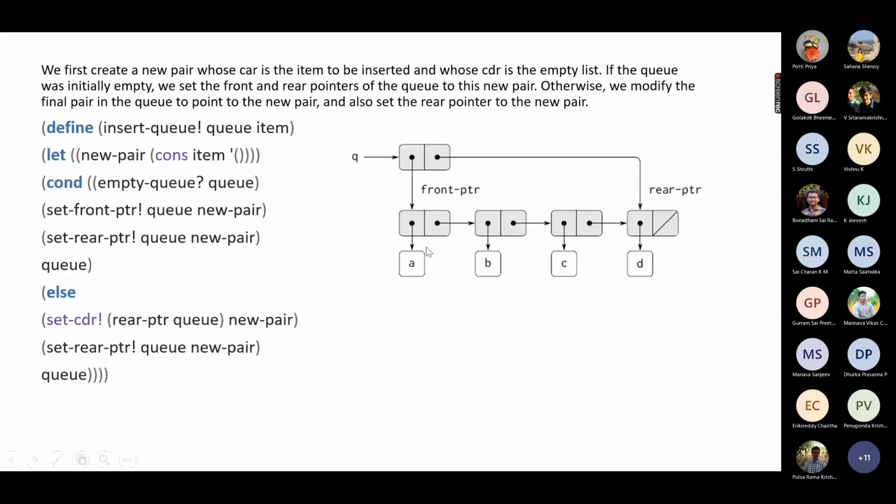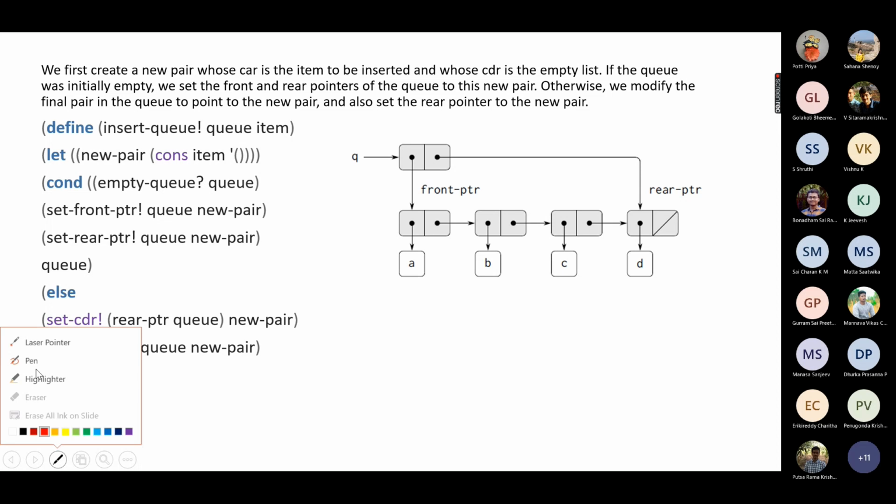Okay, I have to insert an item. I'm calling this mutator insert QX, Q, and then some item. So what you will do? The insertion will happen at the rear point, isn't it?